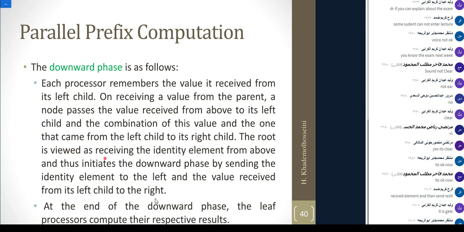The root is viewed as receiving the identity element I from above, and this initiates the downward phase by sending the identity element to the left and the value received from its left to the right child.